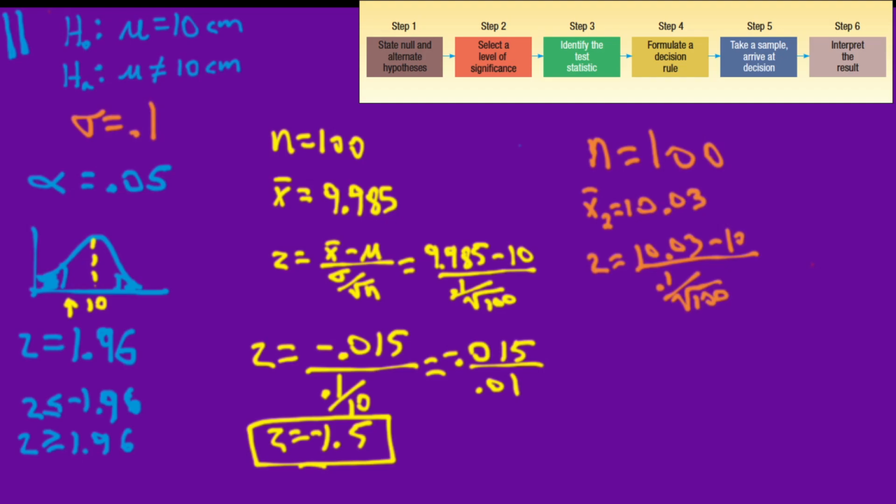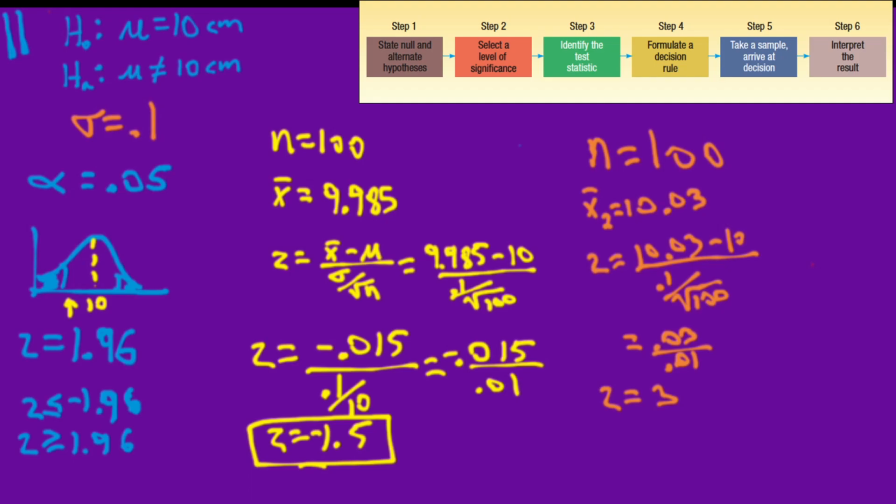So what are we left with? We get 0.03 over 0.01. I'm sorry, I lost a, oh no, we have positive. And that gives us a z-score of 3.